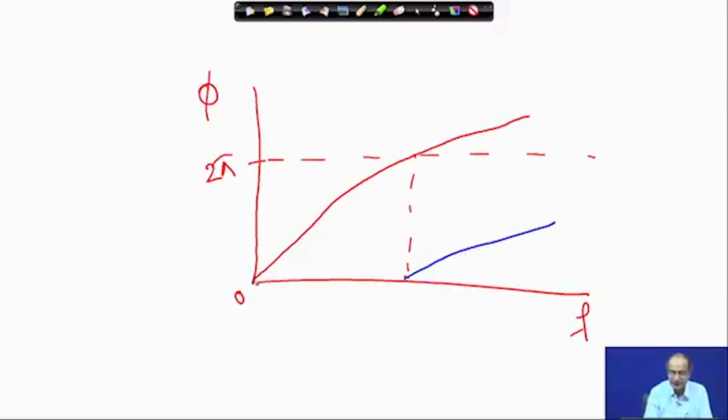So the trajectory will look like it is coming from here to here and then going here. So here is a jump of 2 pi, which gives a discontinuity.